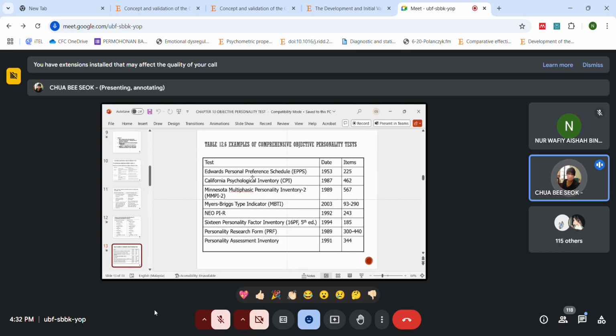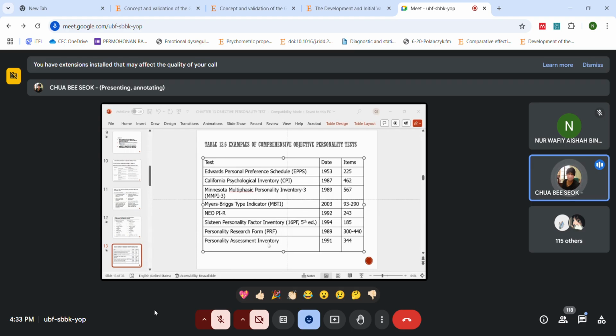Okay. And for the California Psychological Inventory, CPI, they have 462 items. MMPI, the Minnesota Multiphasic Personality Inventory, the latest version is version 3. Yeah. And they have 567 items.